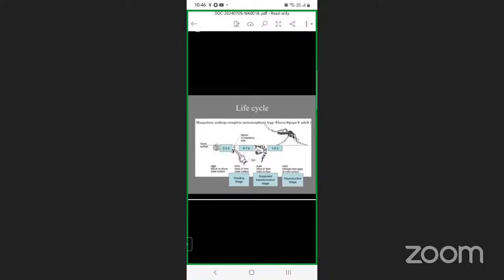So we come across a very important topic in this reproductive process, the life cycle of mosquitoes, where the mosquitoes undergo complete metamorphosis: egg, larva, pupa, and the adult stages.